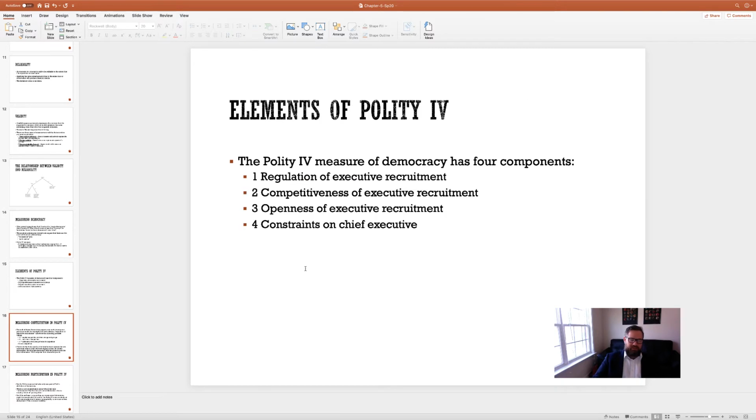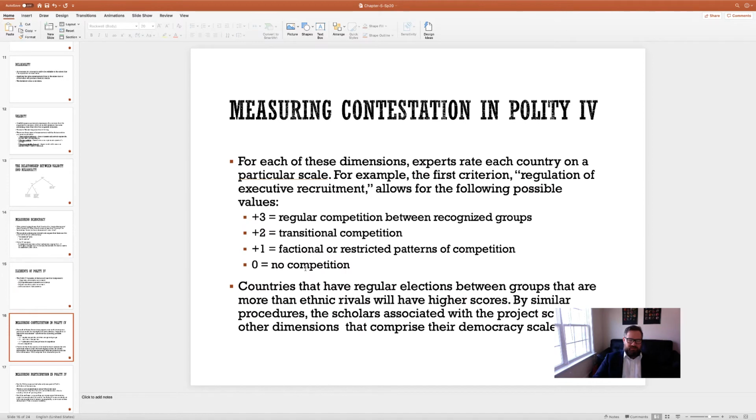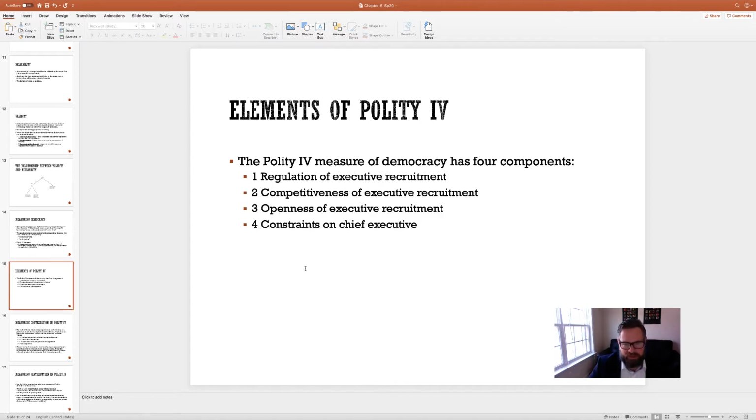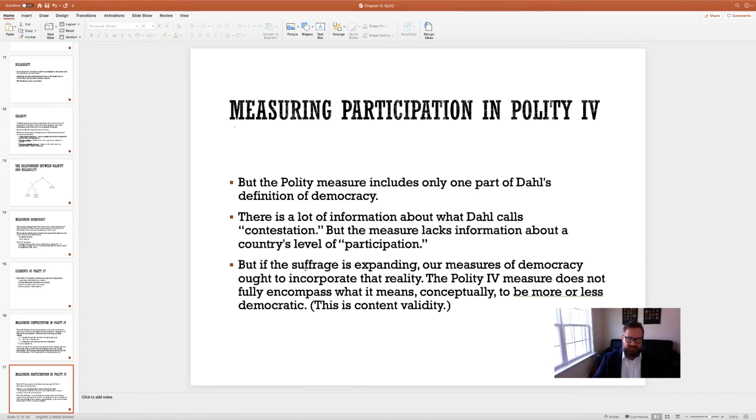So they really dive deep into an understanding of whether elections are present, whether they're fair, at each stage of the process, whether there is something put in place that ensures fair contestation. But what's missing is the participation part, okay?